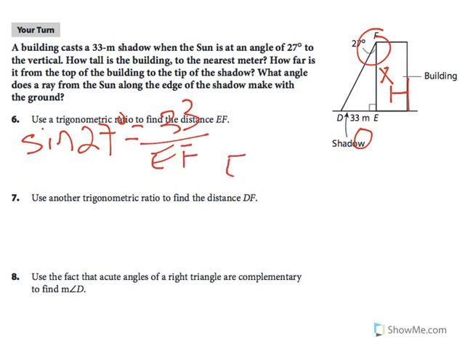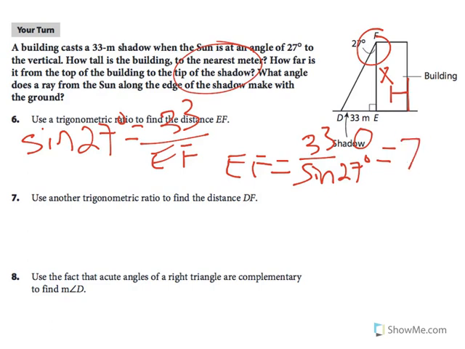Right, so that means that EF equal to 33 over sine of 27 degrees. So this gives us, to the nearest meter, 73 meters.